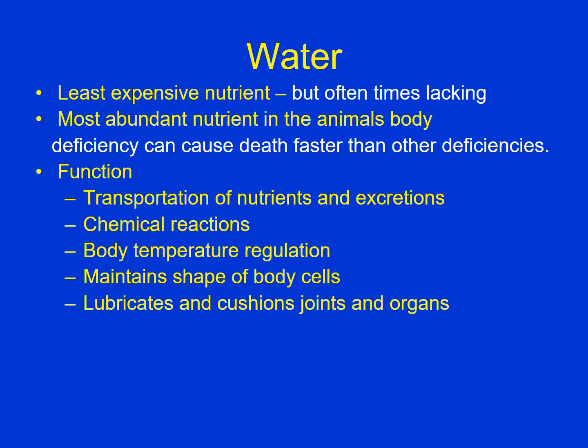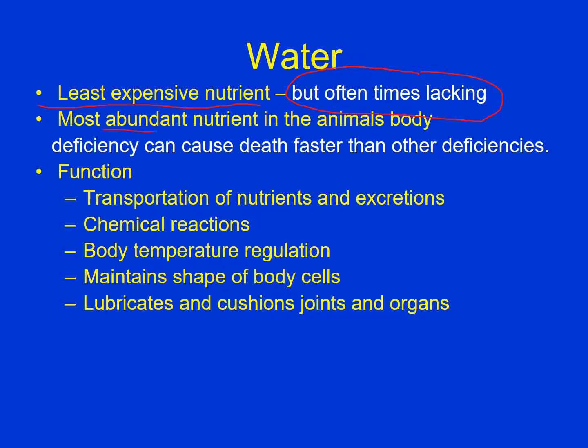So we're going to start out here with one of the more important nutrients, although they're all important, but water is a nutrient that we need every day. Generally, it's the least expensive nutrient, especially in Minnesota. We tend to have abundant water, sometimes a surplus of water, but many times good quality, clean water may be lacking for our animals.